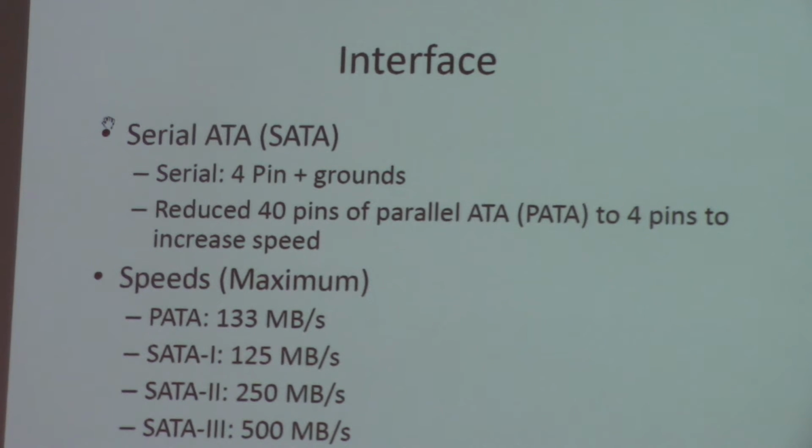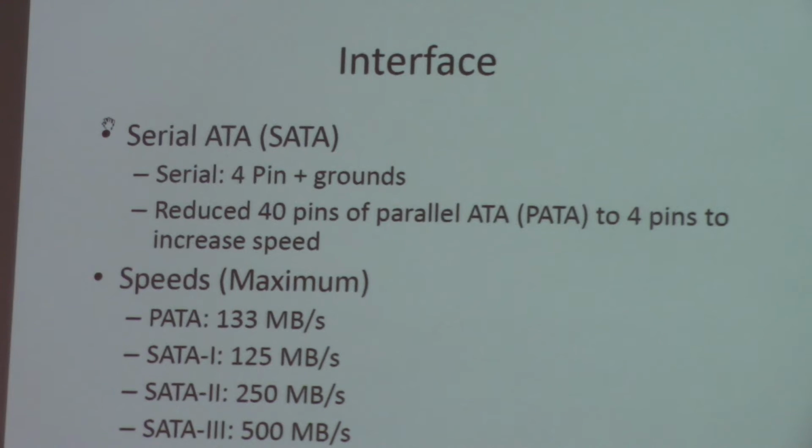Then they are connected to the interface. There are a bunch of different types of interface, connectors. SATA, you probably see a lot when you purchase a hard disk drive. SATA is serial ATA, the most popular one.